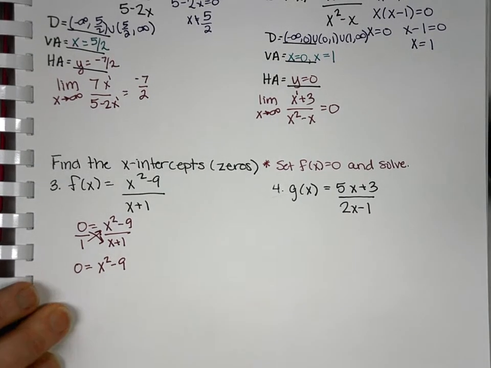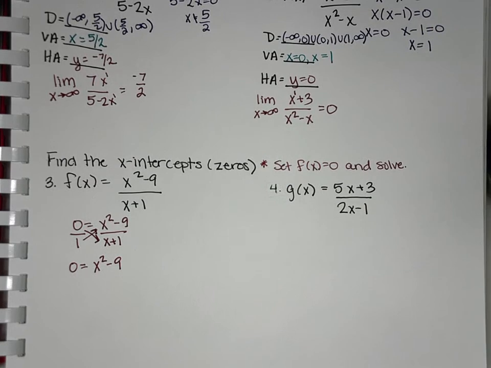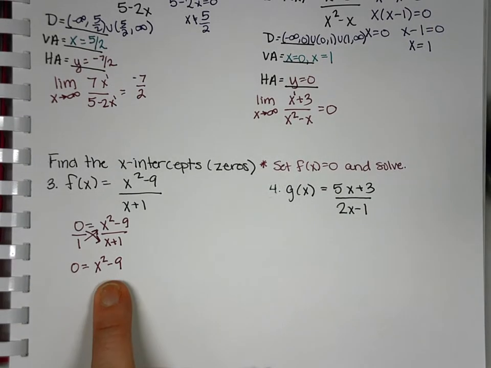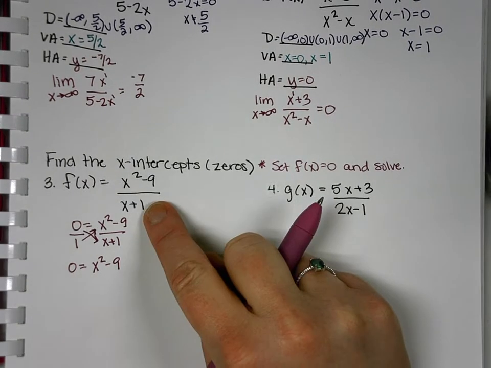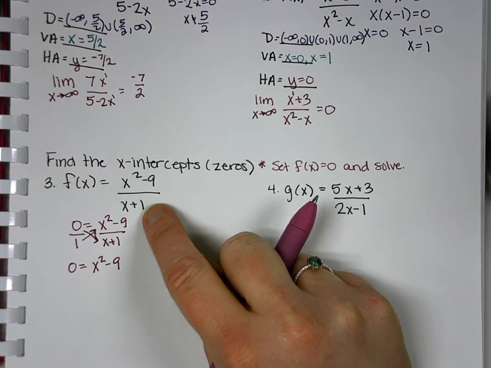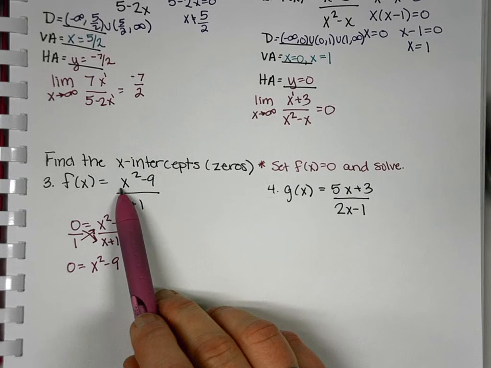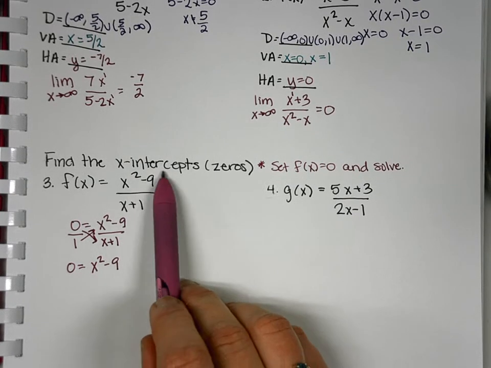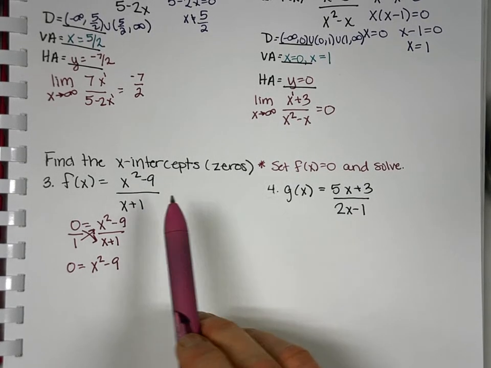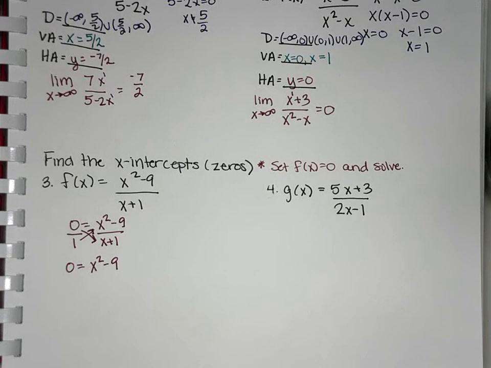So what a lot of people will do is they just jump to this step here, because when you take the denominator and multiply it by 0, it's going to always be 0. So one of the tricks that people like to do is just take the numerator and set it equal to 0 in order to find the zeros, whereas the denominator we set equal to 0 to find the domain.